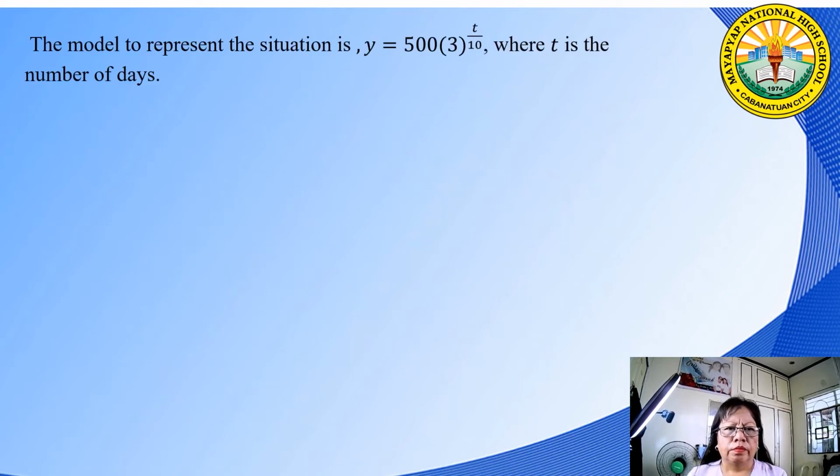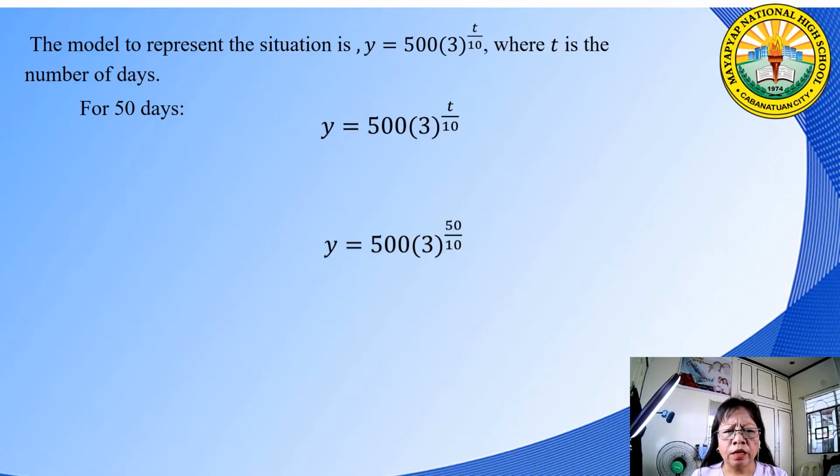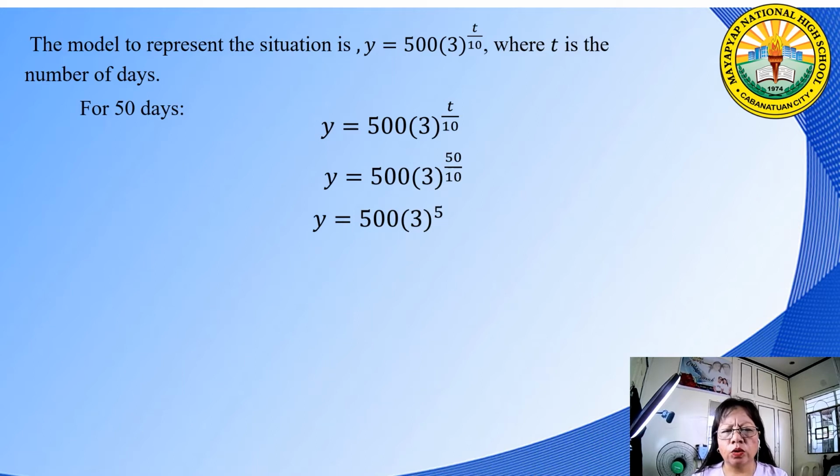The model to represent the situation is y equals 500 times 3 raised to T over 10, where T is the number of days. For 50 days, you replace T with 50, so y equals 500 times 3 raised to 50 over 10. Then you simplify 50 over 10, so y equals 500 times 3 raised to 5.